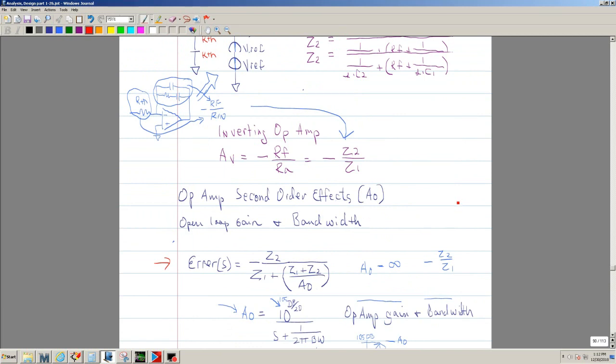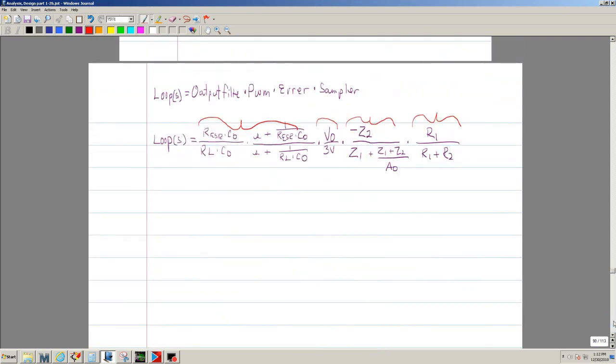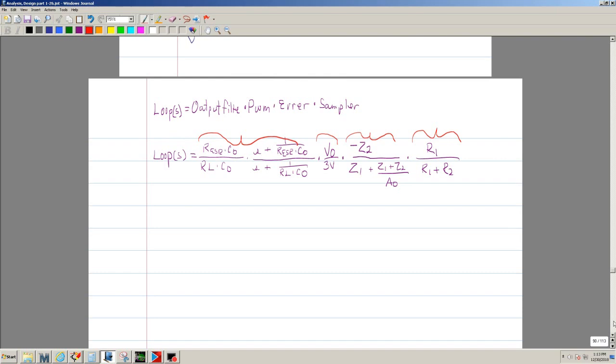I have Z2, Z3. So basically, we have all the equations that we need to do a loop plot or a Bode plot.